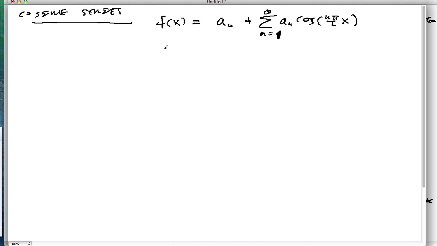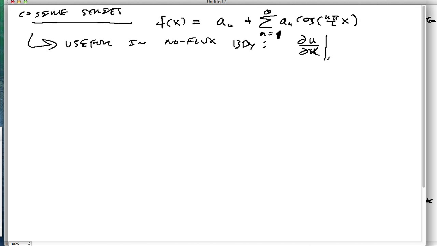A very similar process can be done here. Of course this is useful in no-flux boundary conditions, so we have the condition that the partial of u with respect to x evaluated at x equals 0 or L is equal to 0.